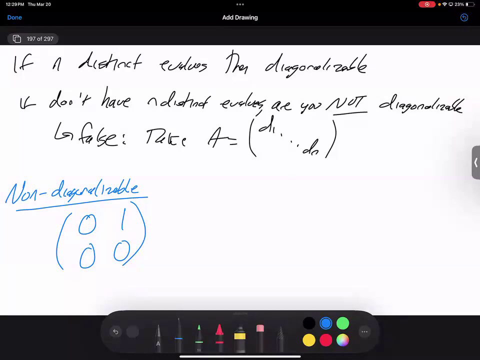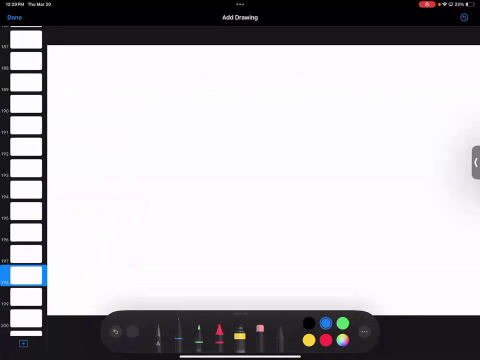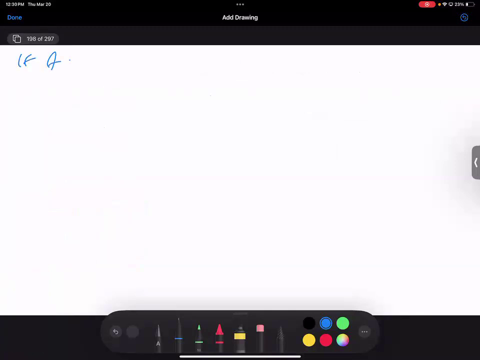So if A is diagonalizable, there exists an S such that S inverse AS equals lambda. We can also show that the characteristic polynomial gives the eigenvalues, and then find the eigenvectors.